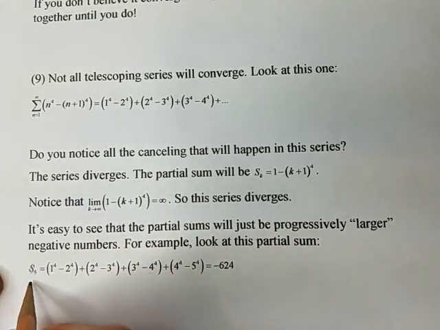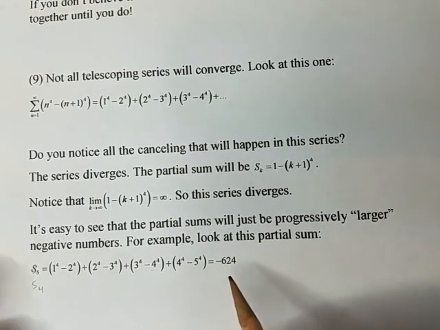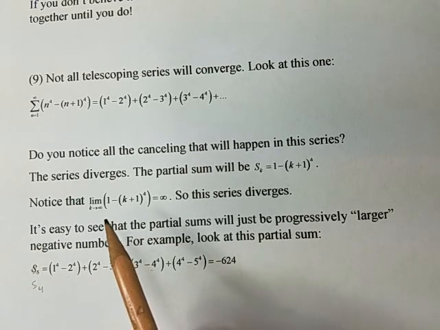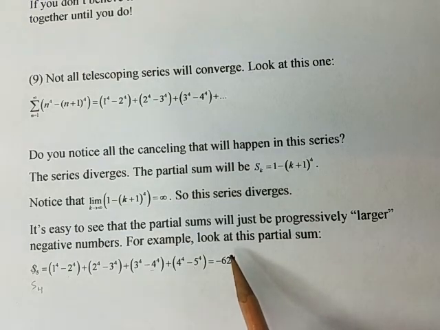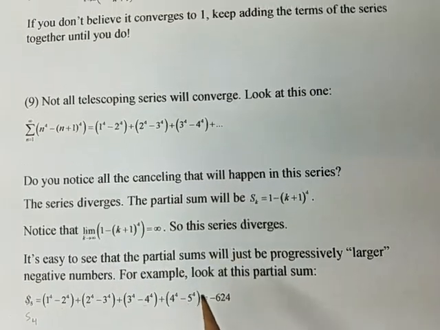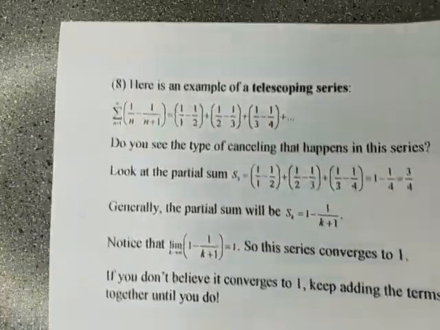So that should be S4. Okay, but yeah, still look, it's a very big negative number. I'm saying that the more you push this partial sum, the bigger that negative number is going to be. It doesn't converge, all right? This series does not converge any way you look at it.